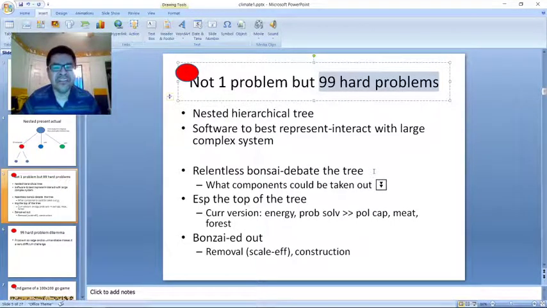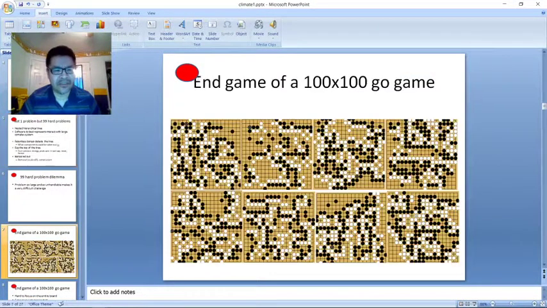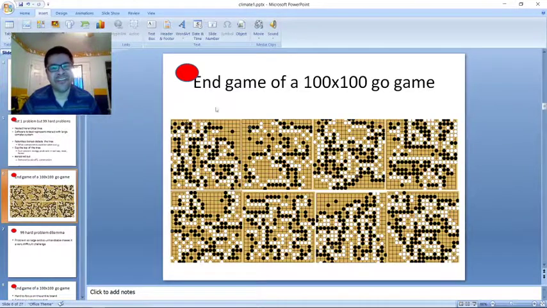One way is to relentlessly bonsai. As a visualization, we can visualize a 100 by 100 go game where there's just too much information to take in and process all at once.